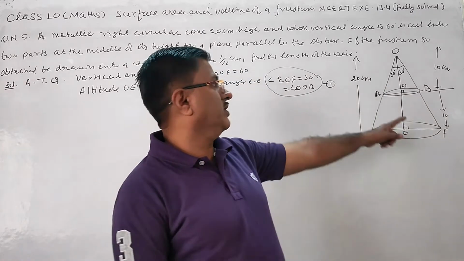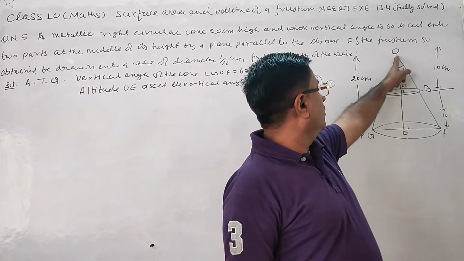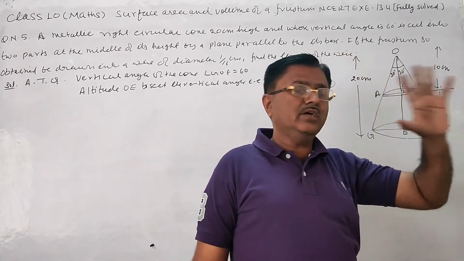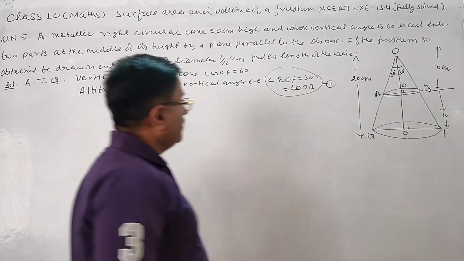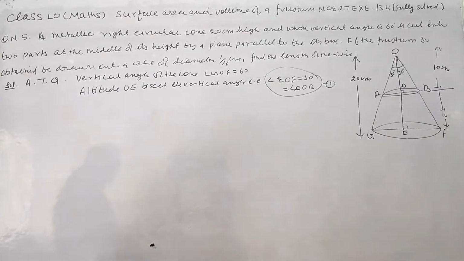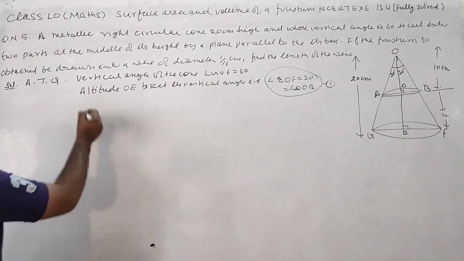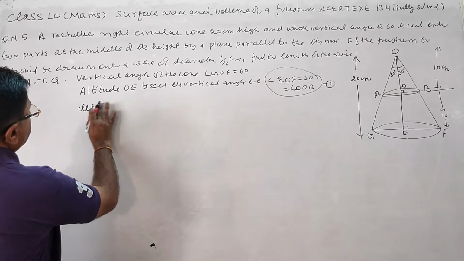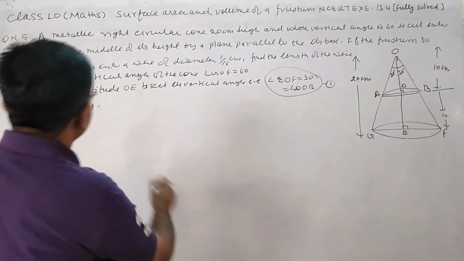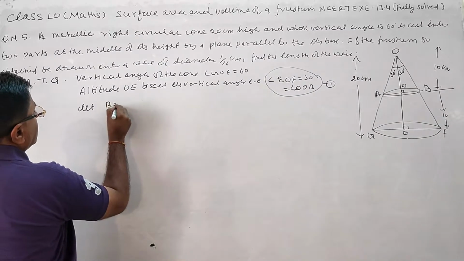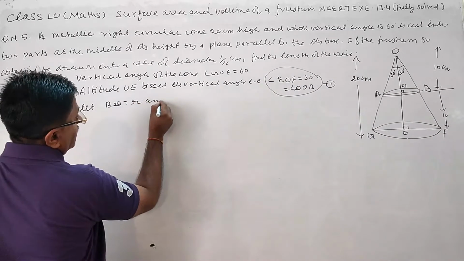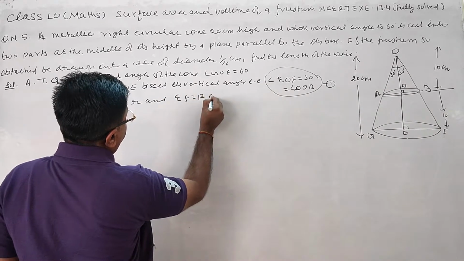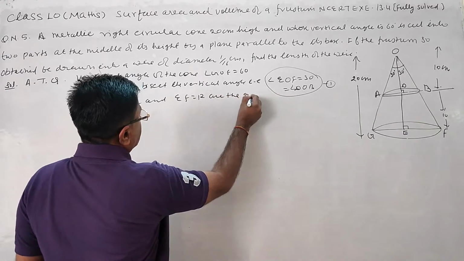So see the figure very carefully. This angle EOF, or you call DOB, is 30 degree. Now we consider, let BD equal to small r and EF equal to capital R be the radii.